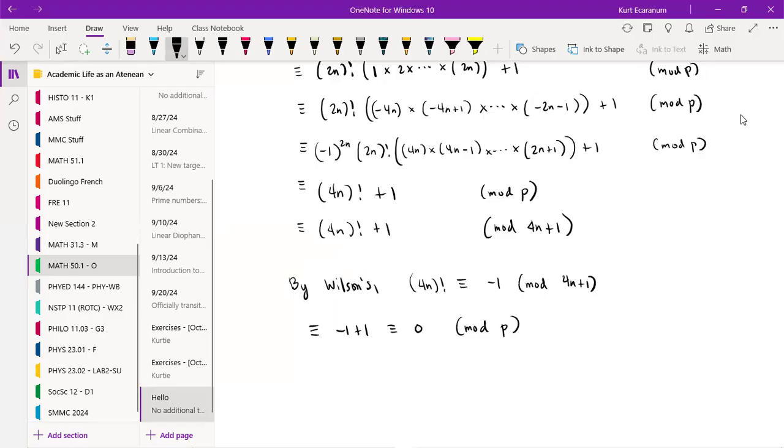I think it's better to just keep it as p, so the calculations are more evident. Yes, it leads to 0 mod p.